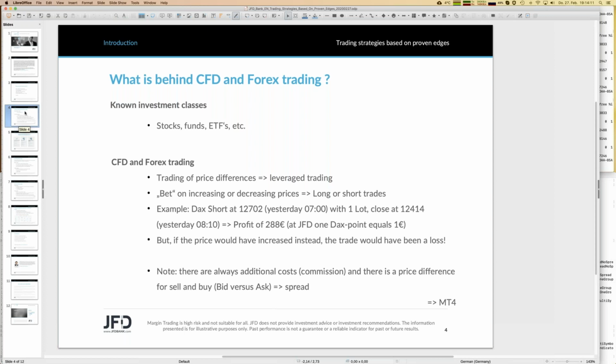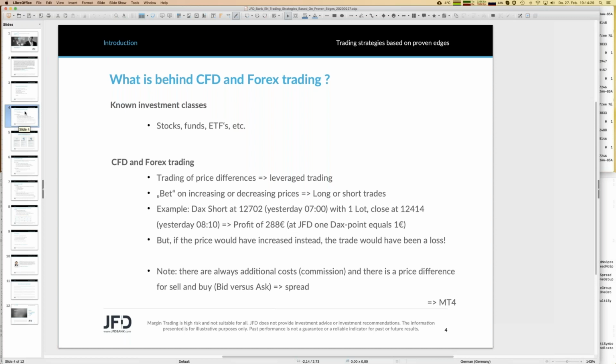And there's a price difference for selling and buying, which is just called the bid-ask spread. Just as an example for the DAX, let's think the DAX is at 12,000 points, and that's the number you see in the chart.